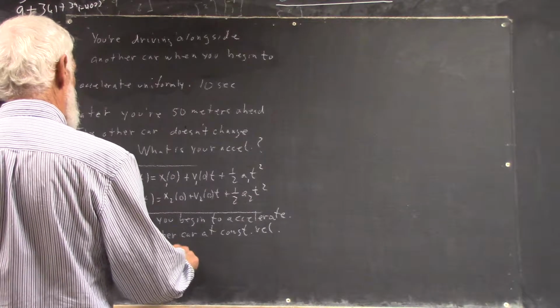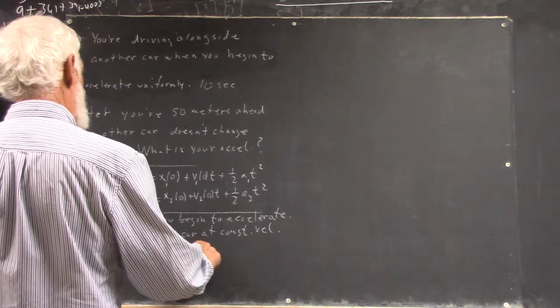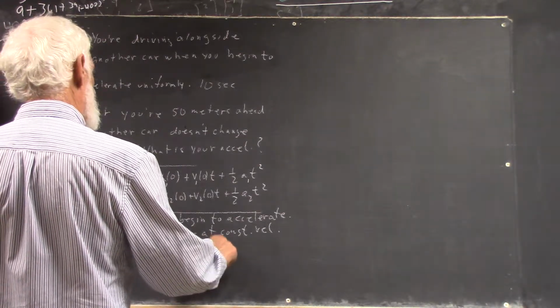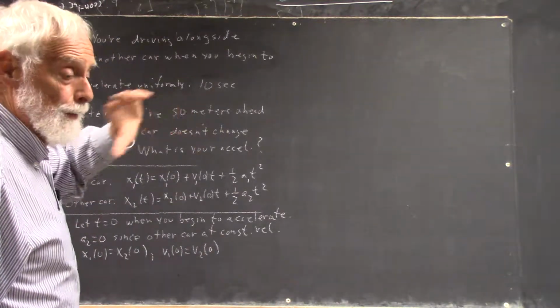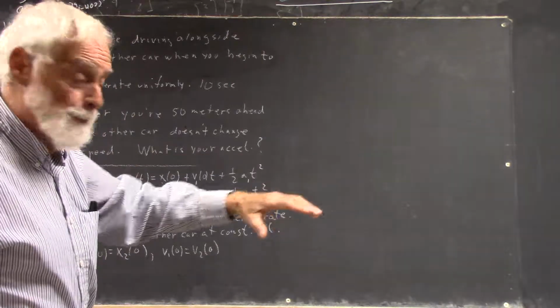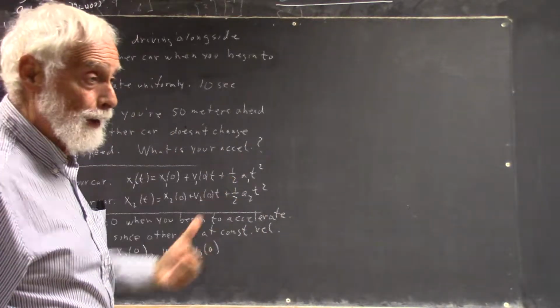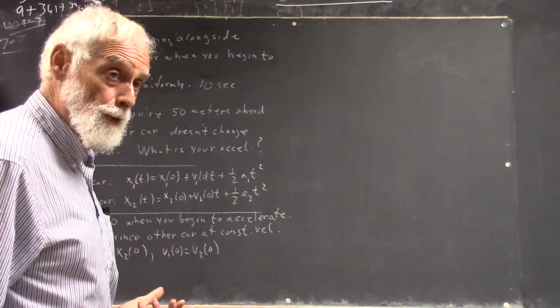Also, v1 of 0 equals v2 of 0 since you were driving alongside the other car, presumably at the same speed, or you wouldn't be driving alongside the other car.